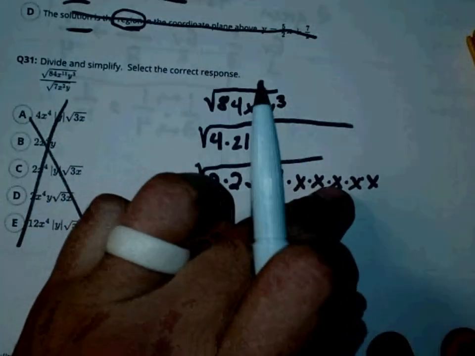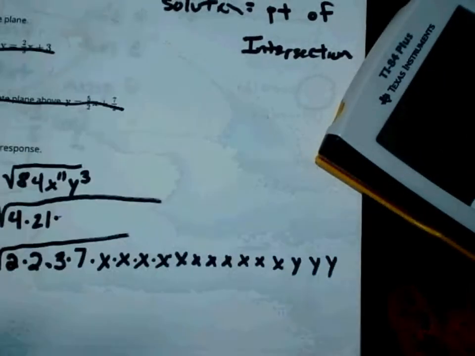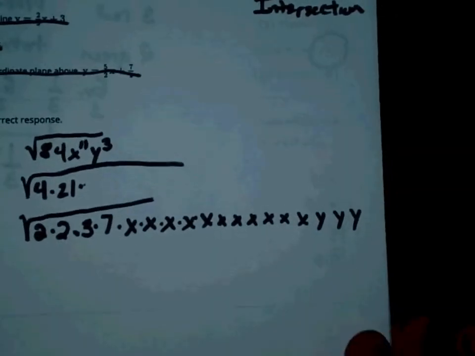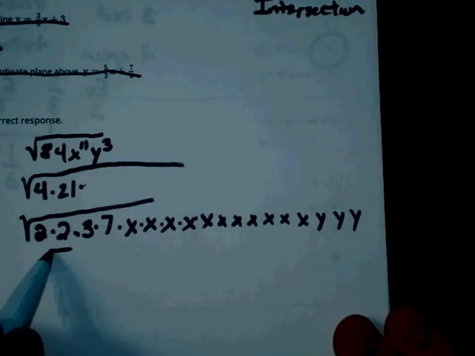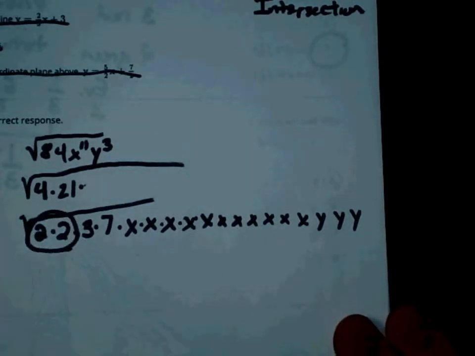Then we look at all of our x's, and then our y's. Now we look for our perfect squares. We got this one right here.